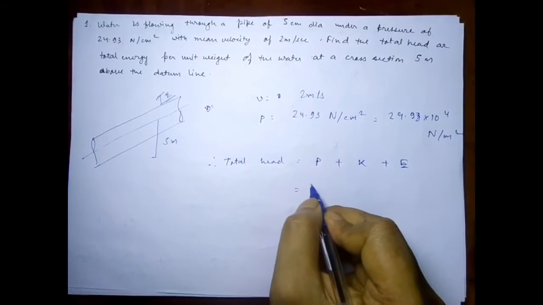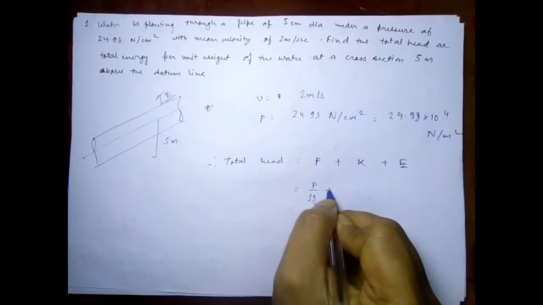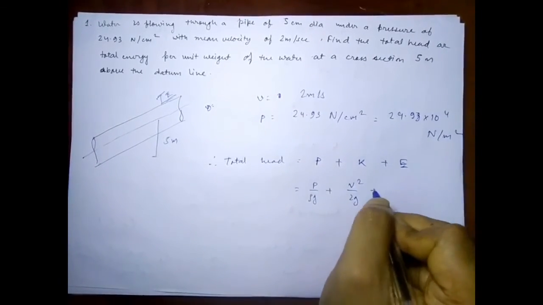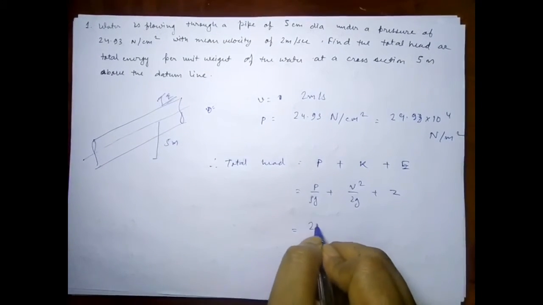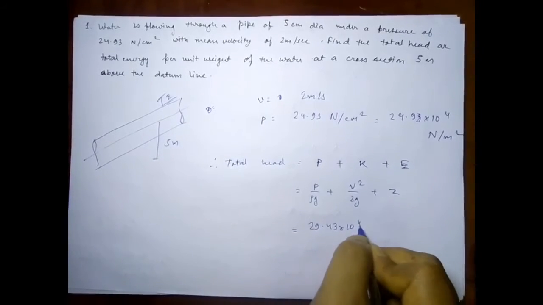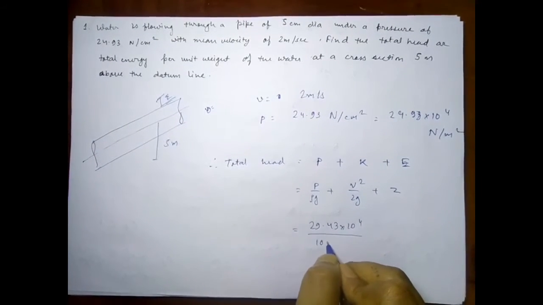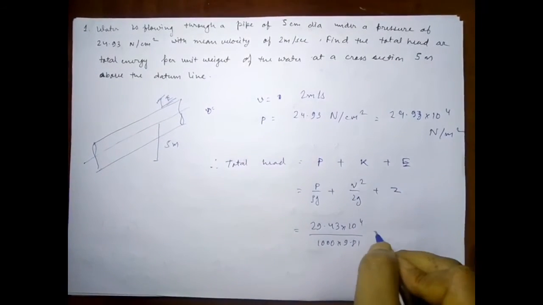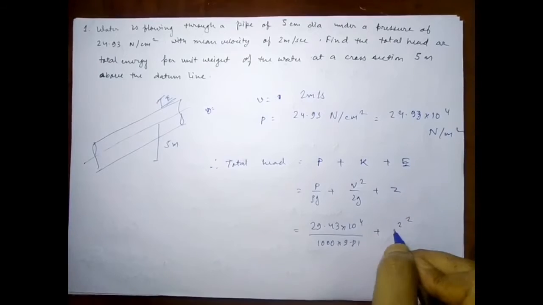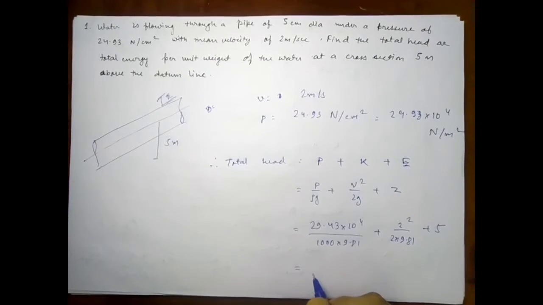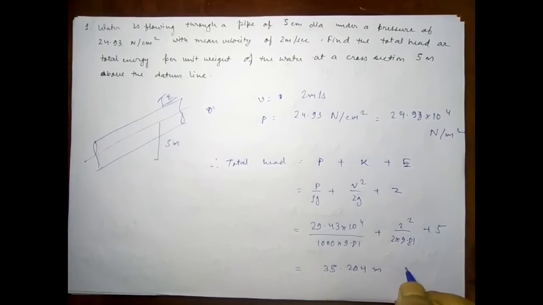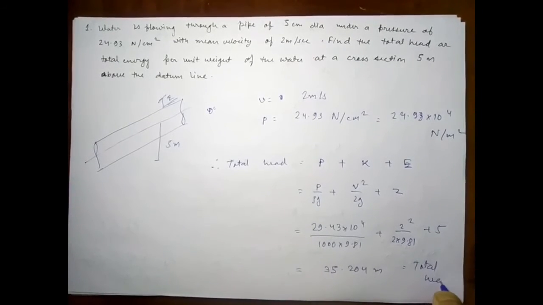So that is equal to P upon rho g plus V square upon 2g plus z, and that is equal to 29.43 into 10 to the power 4 upon rho is 1000 times 9.81 plus V square is 2 square upon 2 times 9.81 plus 5, and on solving this one we will get 35.204 meter as the total head.